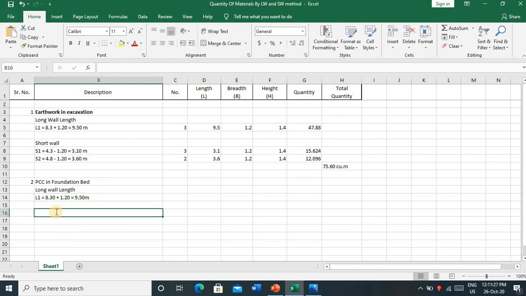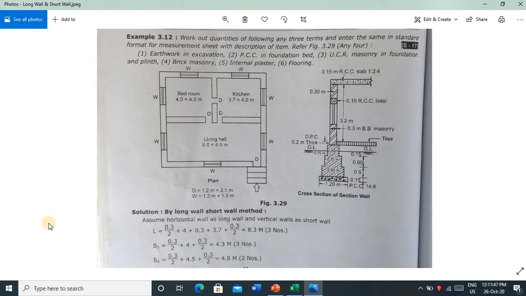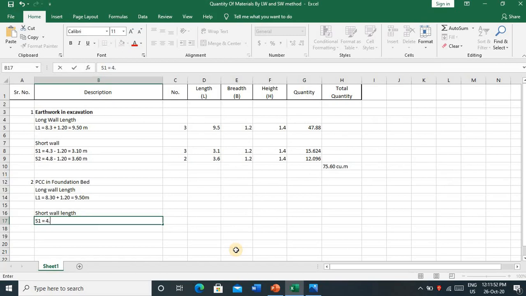Then we will calculate the short wall length. S1 is, what was the short wall length? 4.3 minus width of item 1.20, which comes as 3.10 meter.